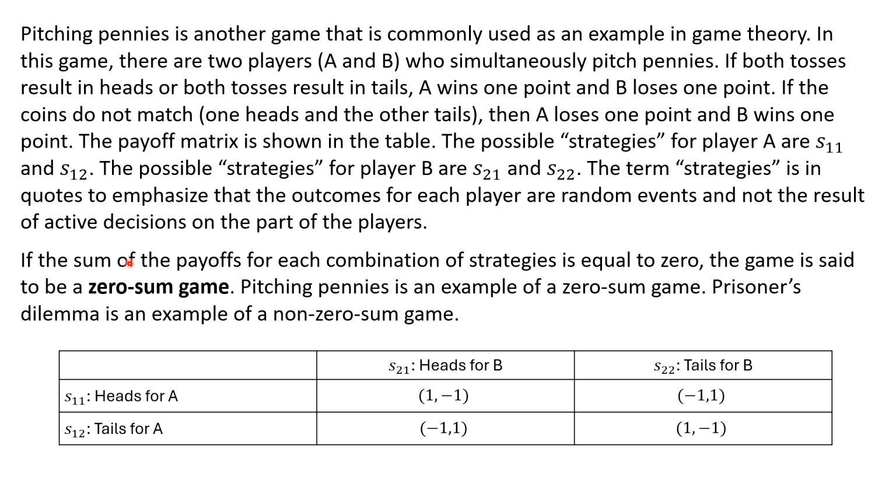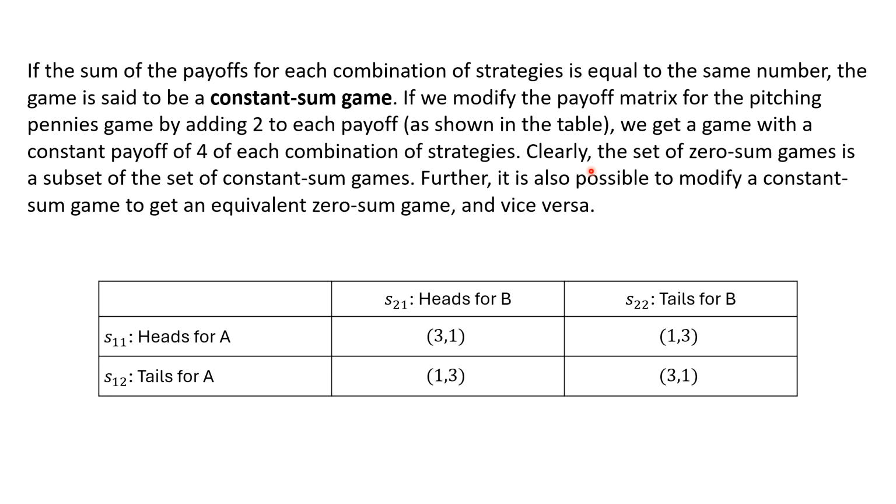Okay, so that's a class of games that have certain types of properties and solutions. So we'll define this here, but we'll get into more details in later lectures on the topic. If we stay with the pitching pennies game, but we change the payoffs, and we add 2 to all the payoffs, which I've done here, there's still a difference of 2 points in each one of these items here.